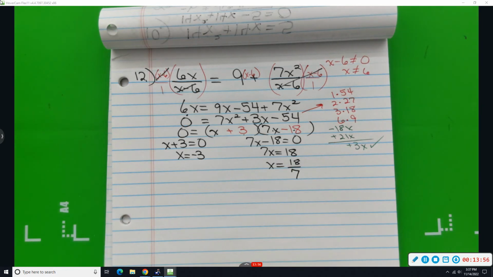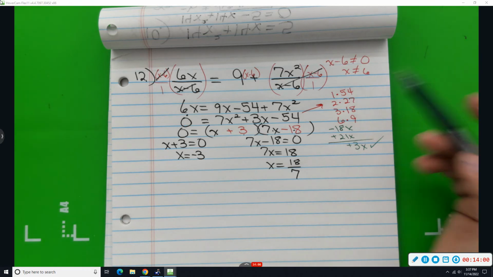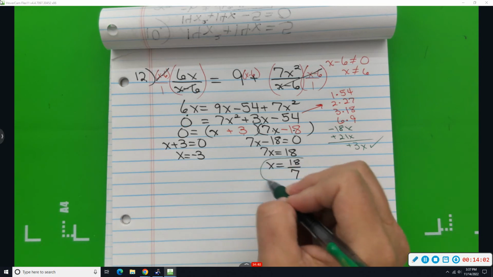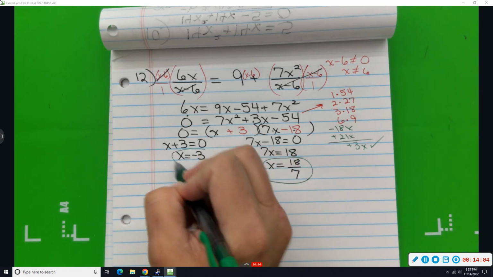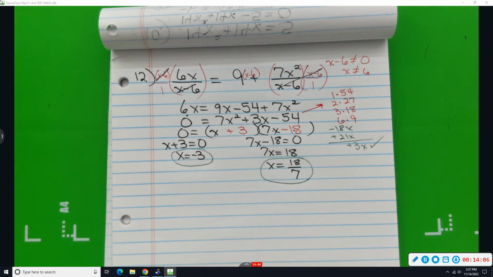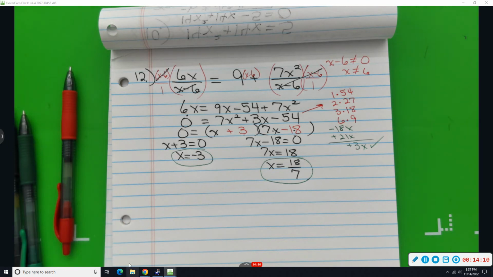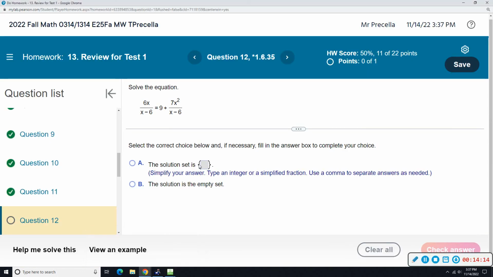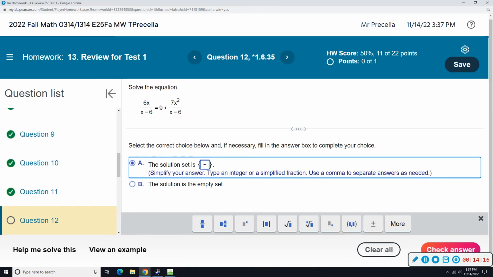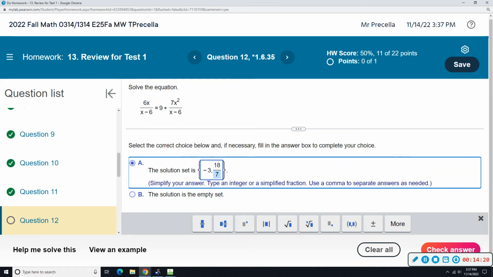The only number we said that would be unacceptable is 6, so these two answers are both acceptable solutions. So we have a negative 3, and we have the fraction 18 over 7. We have a negative 3, comma, 18 over 7.